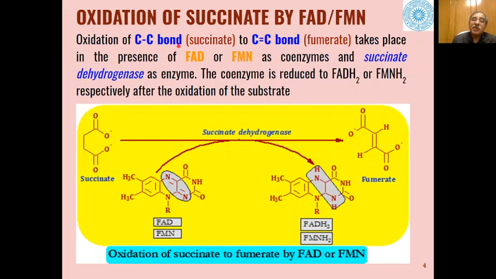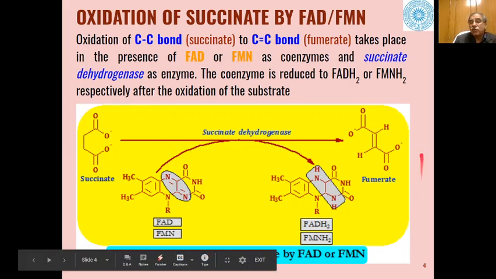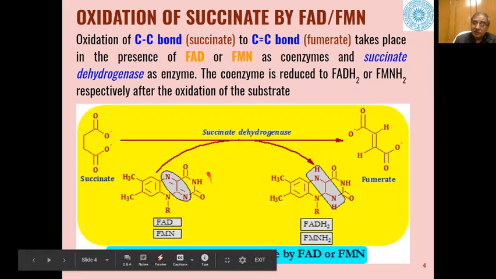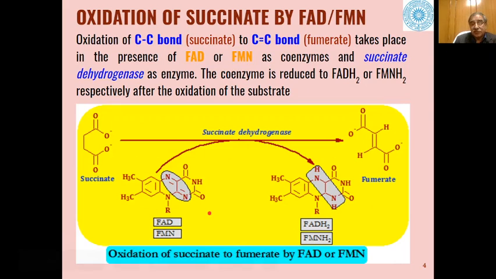So we can say that alkanes are converted into alkenes. So a typical example is conversion of succinate into fumarate in presence of the enzyme succinate dehydrogenase, and this FAD or FMN acts as coenzyme for this conversion.